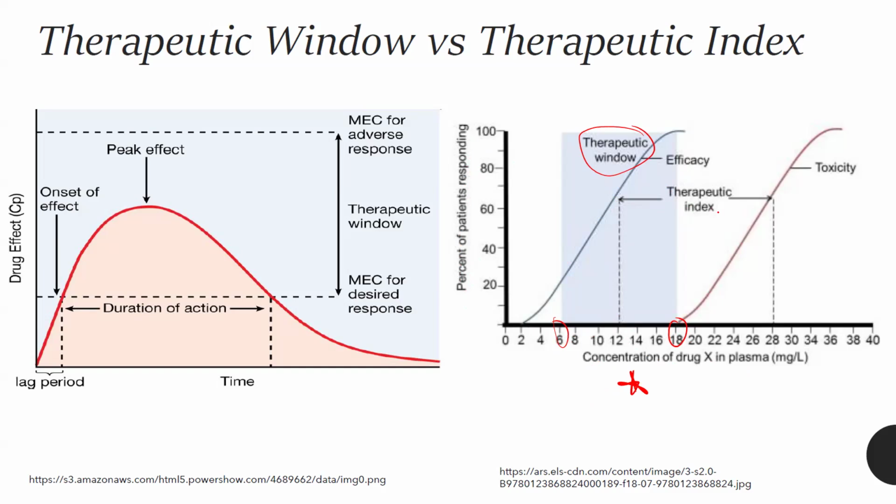Now, from this, we can look at the therapeutic index, which is going to show basically the toxicity of a drug at some point. The therapeutic index is going to show the difference between the concentration of our drug over our 100% effectiveness level.